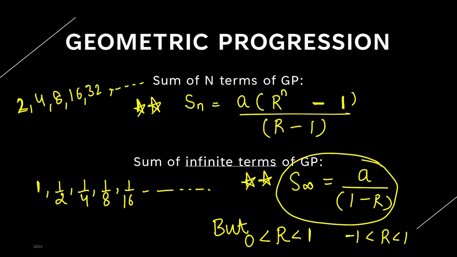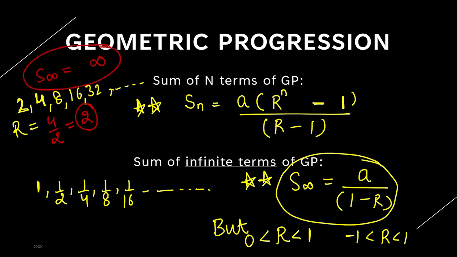In this case, 2, 4, 8, 16, 32, our common ratio is 4 by 2, that is 2. And if you see, 2 plus 4 plus 8 plus 16 plus 32 and so on, the sum of infinite terms in this case is infinite only. Here, if the common ratio is greater than 1, our sum of infinite terms is going to be infinite only.